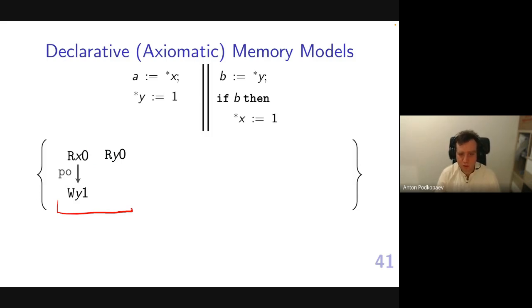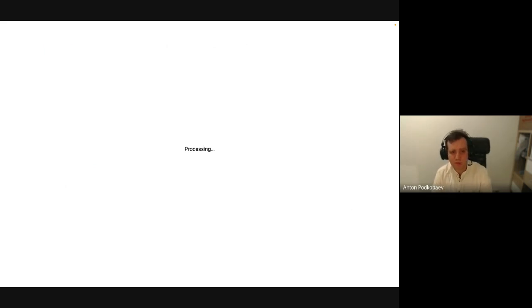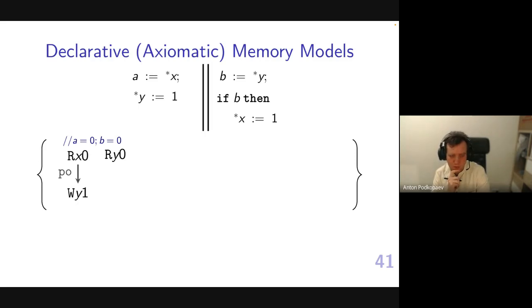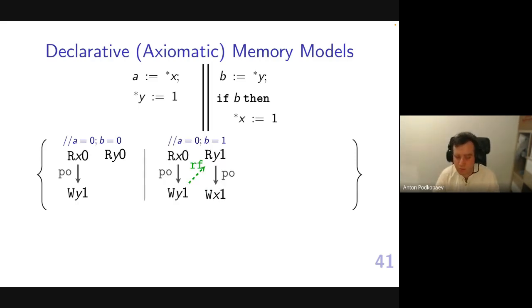So this is one execution of this program leading to the result A equal to 0, B equal to 0. The other allowed execution of this program leads to the result A equal to 0, B equal to 1. Here, since we get B equal to 1, we execute the then branch and write 1 to X. This is why we have one extra event in the graph.